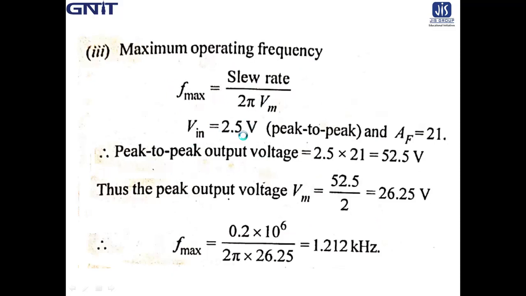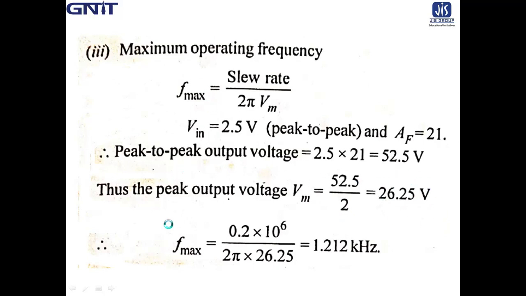Now Vin is given 2.5 volt peak to peak. And AF is already given, that is 21. So the peak to peak output voltage is 2.5 into 21, that is 52.5. Therefore, peak output voltage Vm is 52.5 by 2, that is 26.25 volt.